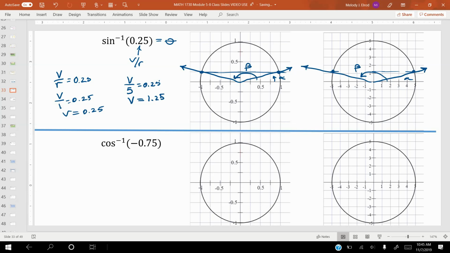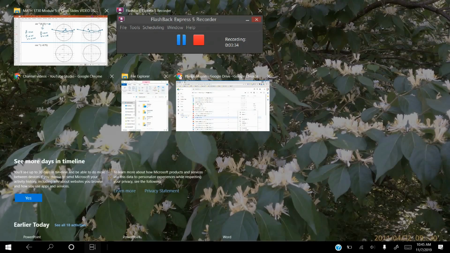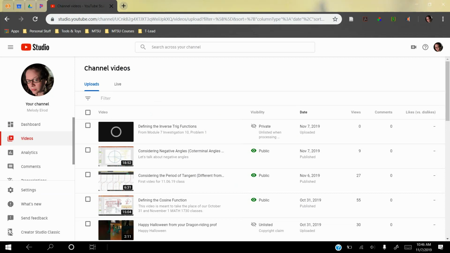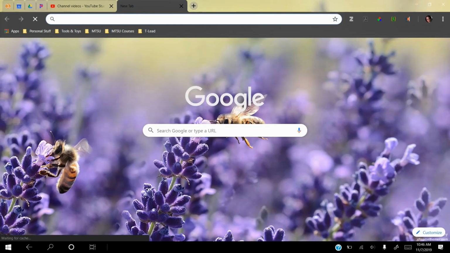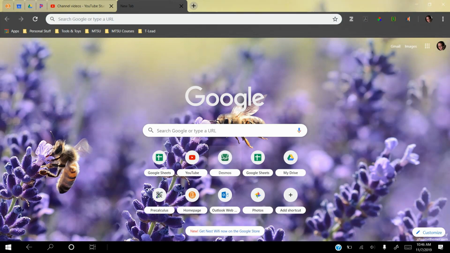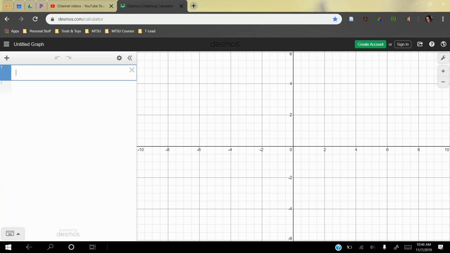Now, in your graphing calculator, I don't have one on this particular computer, so I apologize for that. Although I do have Desmos. Let's try that. Let's pull up Desmos, and let's do inverse sine.